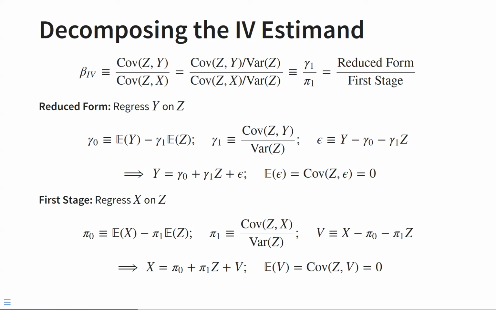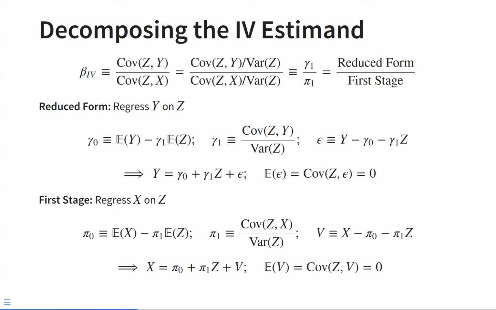And once I've defined all that stuff, then it is a tautology, just true by definition, that y is gamma naught plus gamma 1 z plus epsilon. And it is also true by definition, and if this is a little unfamiliar to you, you could check it, that the expectation of that epsilon is equal to the covariance between z and epsilon is equal to 0.